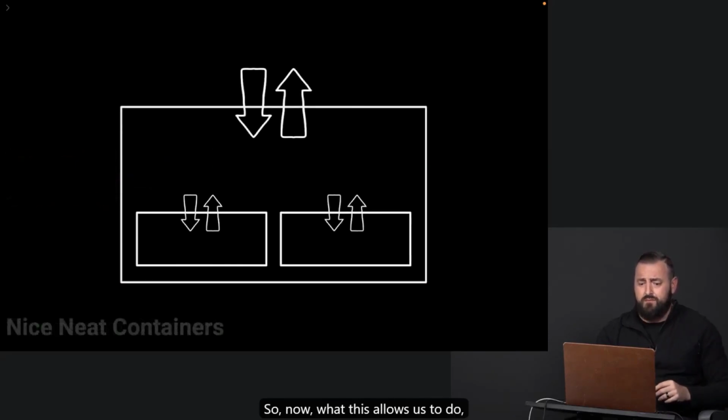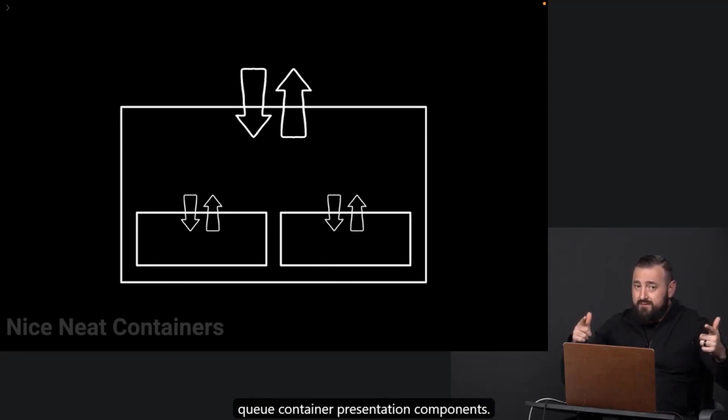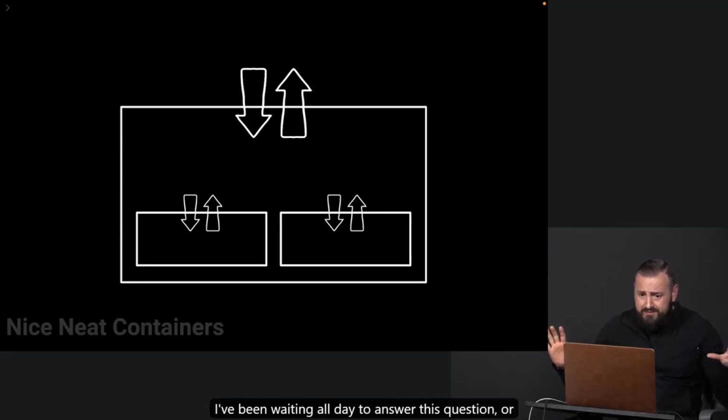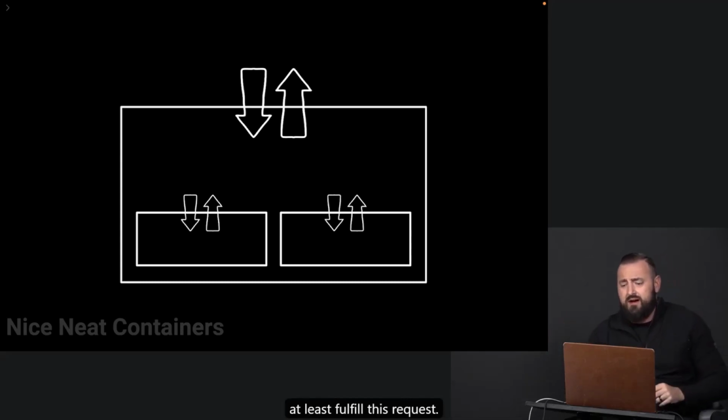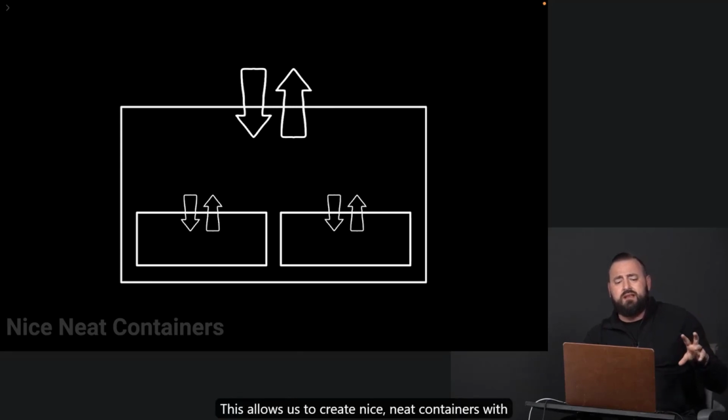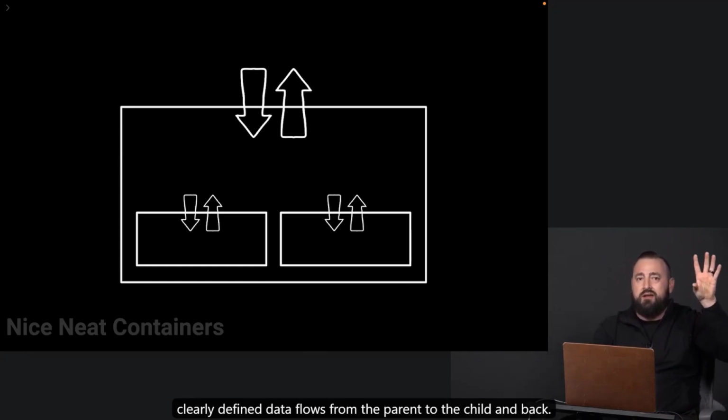So now, what this allows us to do, cue container presentation components. I've been waiting all day to answer this question, or at least fulfill this request. This allows us to create nice, neat containers with clearly defined data flows from the parent to the child and back.